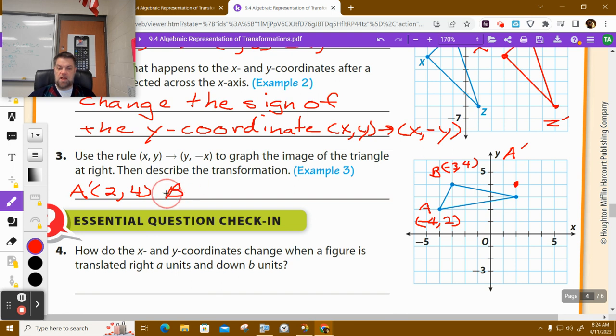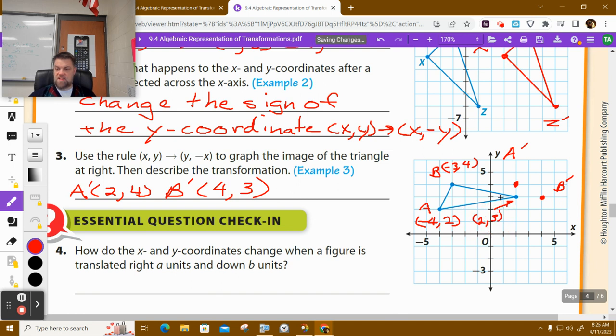So then B prime would be 4 comma positive 3. So I'm going to go over 4, up 3. That's my B prime. And then we'll call this one C. This unit here is 2 comma 3.